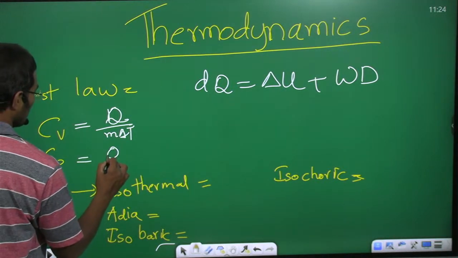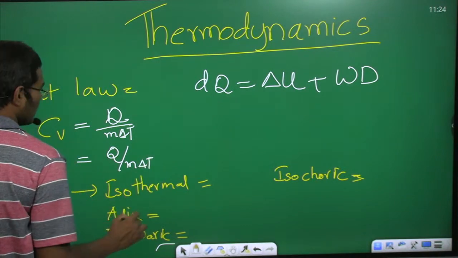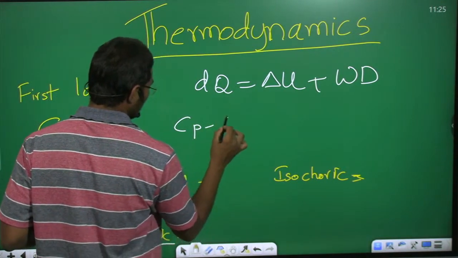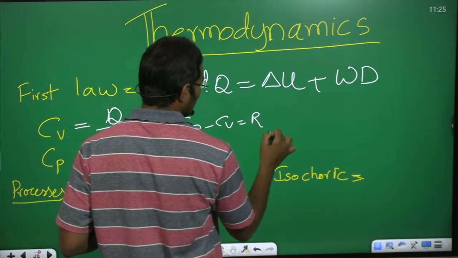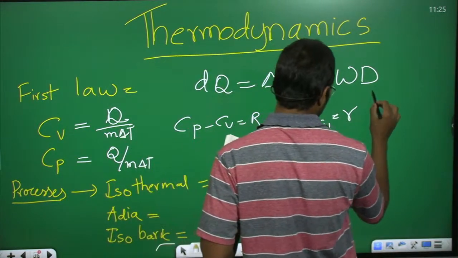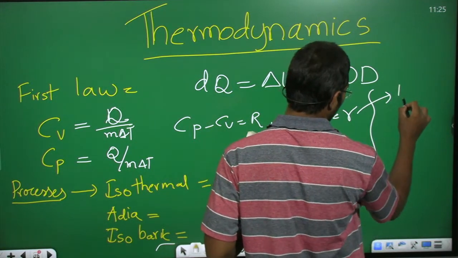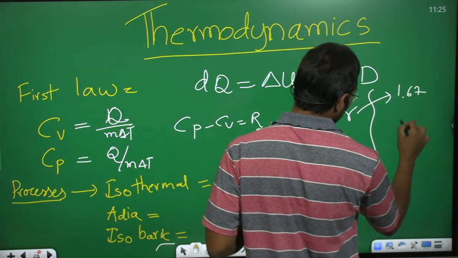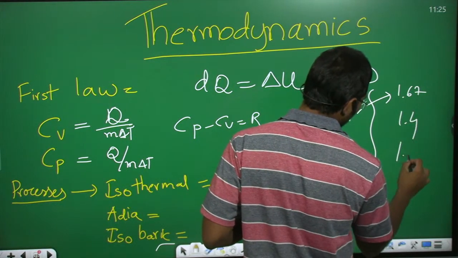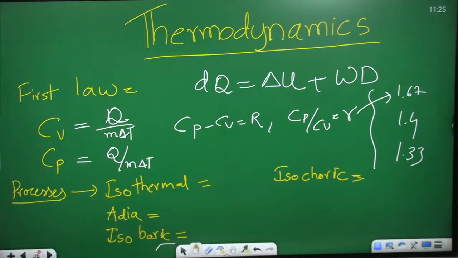If it is at constant pressure, it will be Cp. So Cp minus Cv, or Cp by Cv, is gamma. So what are the values of gamma for monatomic gas? 1.67. For diatomic gas 1.4. For triatomic gas 1.33. See, you need to have all these at your fingertips.